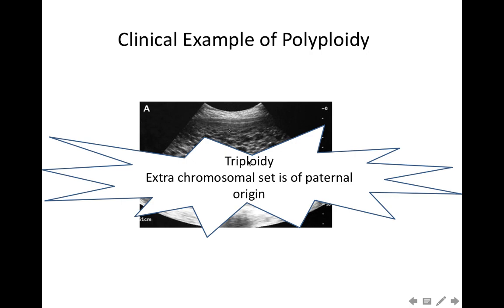And it results from triploidy, and it only happens if the extra chromosomal set is coming from the sperm. So it is of a paternal origin. And this can happen if the sperm was diploid due to failure of reduction division in meiosis 1 during spermatogenesis, or it can result from the rare incidence of dispermy, which means fertilization by 2 sperms.